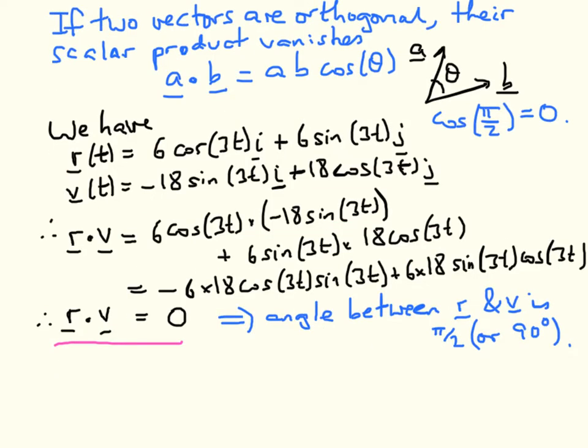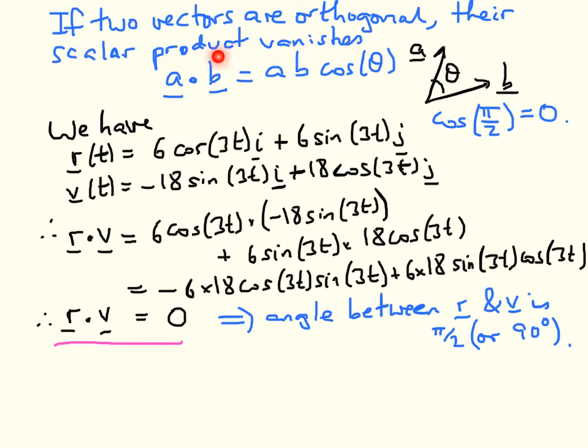So here what I want to do is to show that the position and velocity vectors are orthogonal. And to do that, let's just recall a few things. So if two vectors are orthogonal, if they're at right angles, their scalar product vanishes.